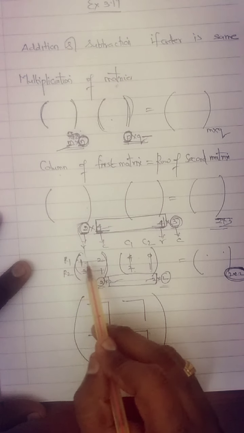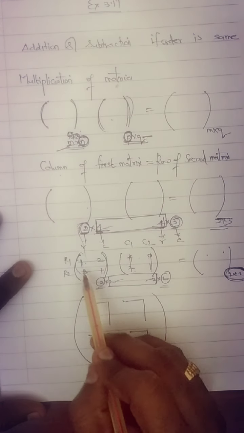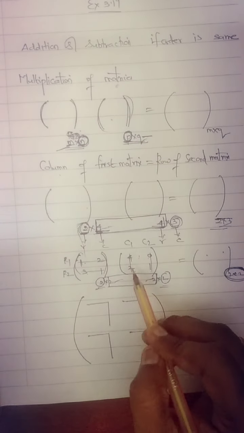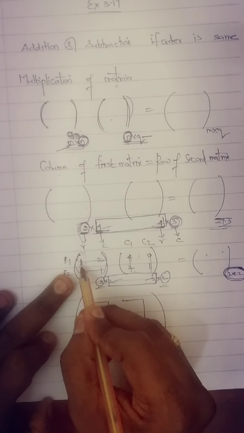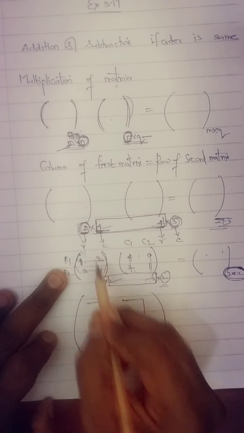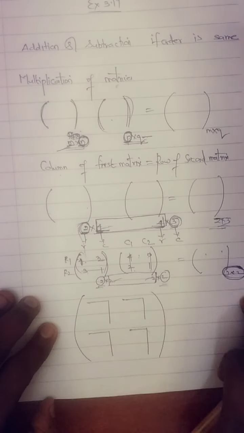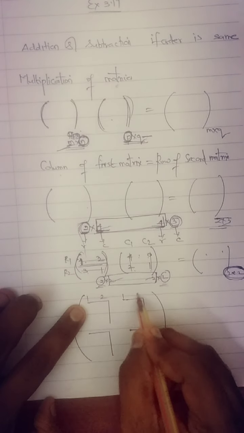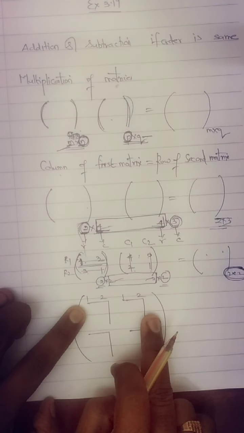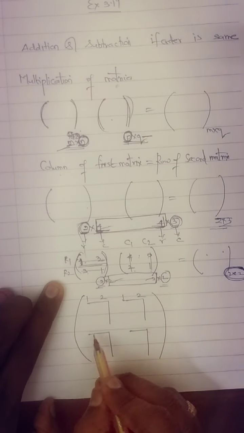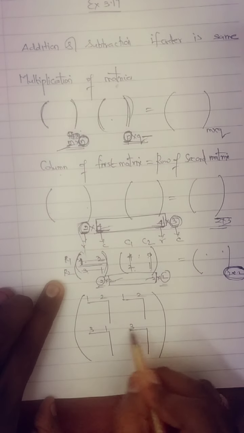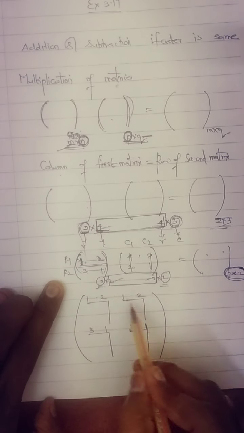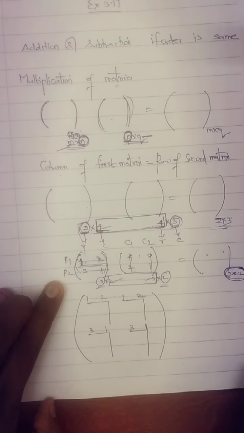First row is 1 and 2, written for each column: 1, 2, 1, 2. Second row is 3, 1, 3, 1.